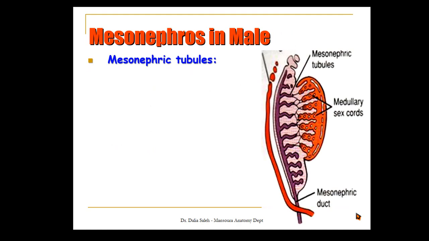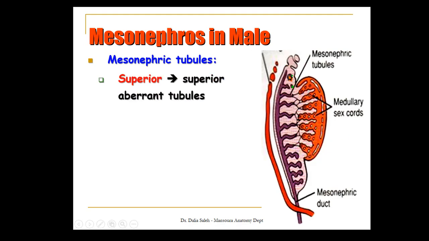Now, let's see the derivatives of the mesonephric system in male. If you look at this diagram, you can see the developing gonads or the developing testes here. This is the mesonephric tubules, and this is the mesonephric duct, and anterolateral to it lies the paramesonephric duct, like we mentioned before. So what happens to the mesonephric tubules?